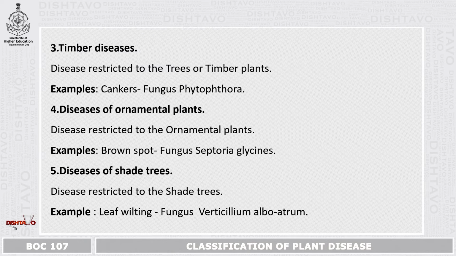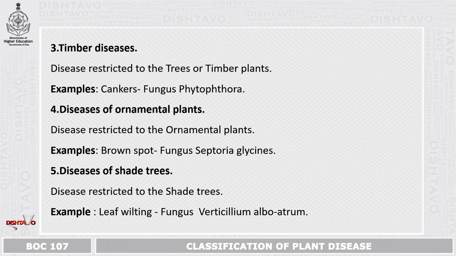Fourth is timber diseases. Basically these diseases will be restricted to the trees or timber plants. Example is cankers, which are caused in the timber plant by the fungus Phytophthora. Then the next one, diseases of ornamental plants.